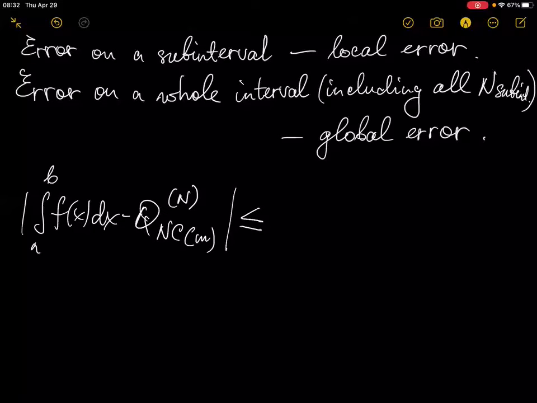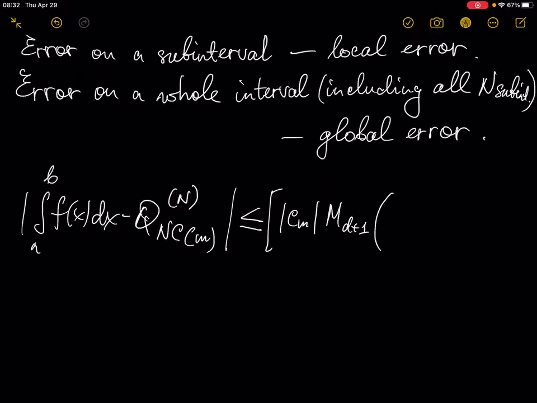So less or equal than, so Cm stays because it cannot be changed. I will use the same maximum bound for the d+1's derivative of my function, absolute value. And then here I will have h divided by m plus 1 to the power d plus 2. So everything is the same, but h is nothing else but b minus a divided by n, right?